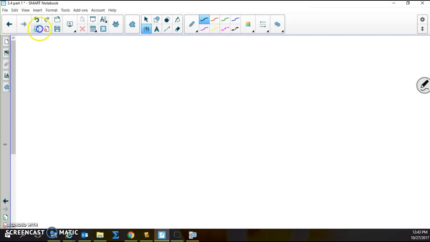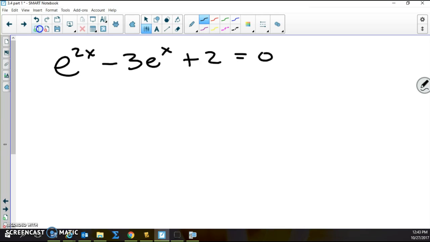It says, solve e to the 2x minus 3e to the x plus 2. And what they want you to see here is that we have an exponential quadratic function.